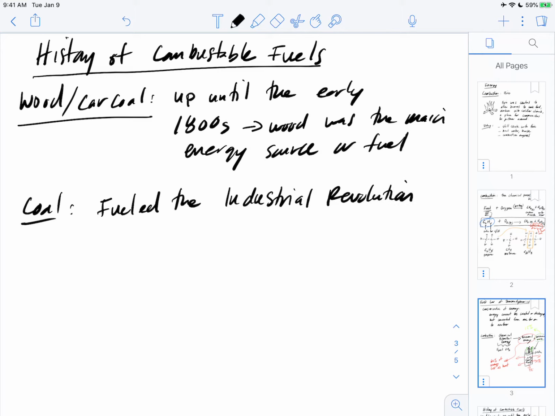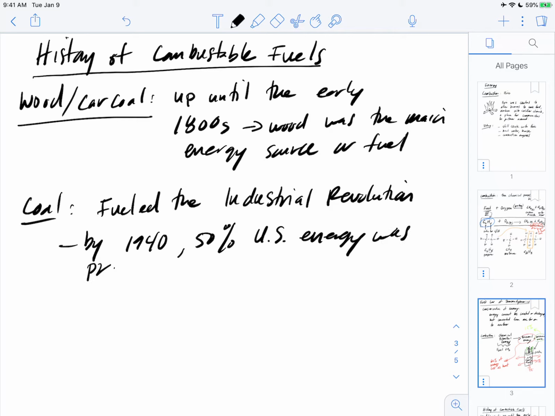So by 1940, 50% of the United States energy was produced by coal. So this just shows you that we had a big turnover in terms of where we got energy, and coal was one of those.